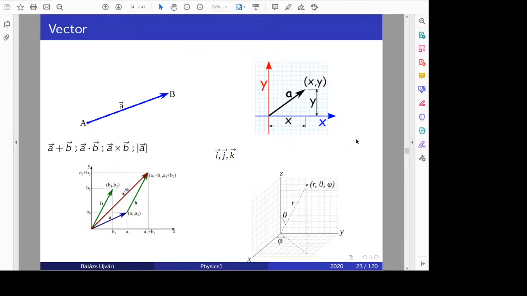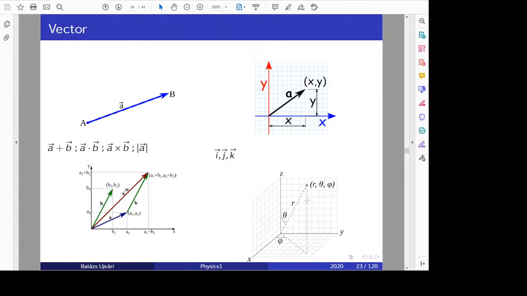It's done. So in the case of spherical coordinate system, we are talking about distance from the origin, this is r, and the angle between the line connecting the origin with this point, and this is the angle between the z-axis and this line.